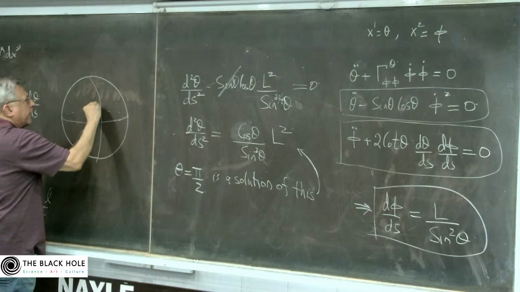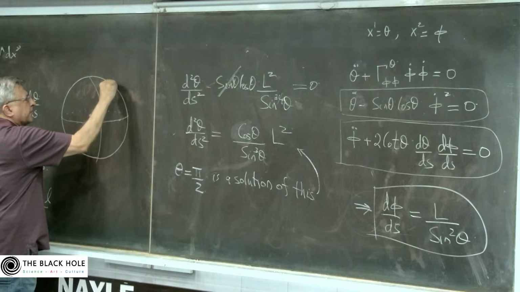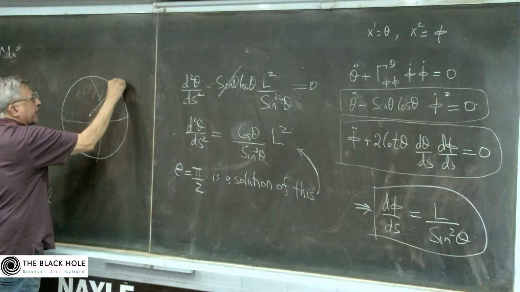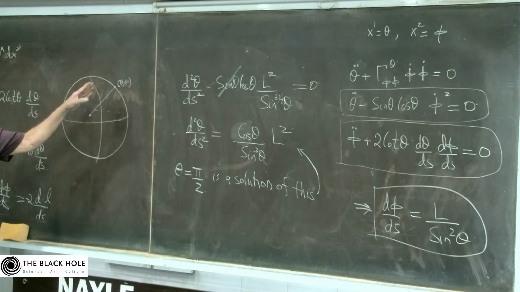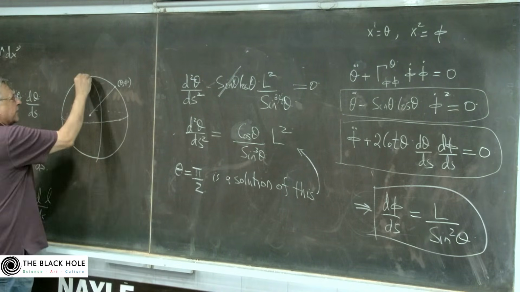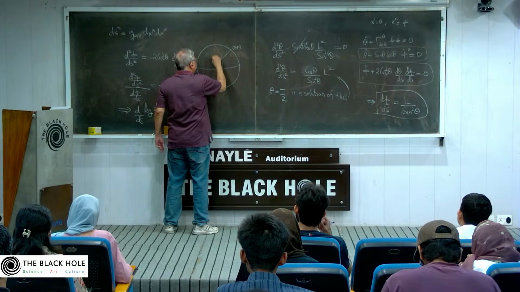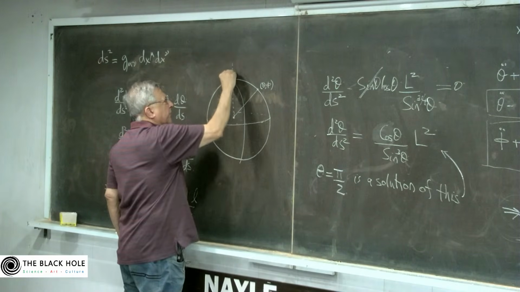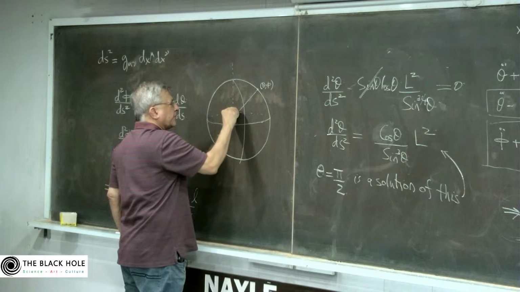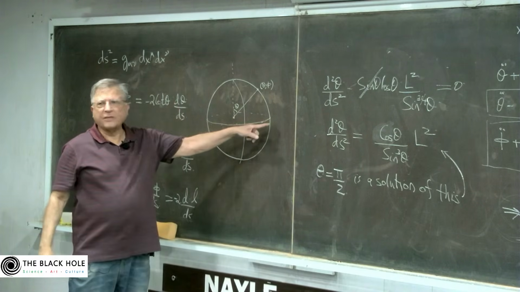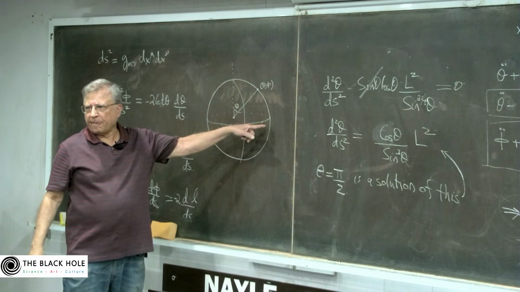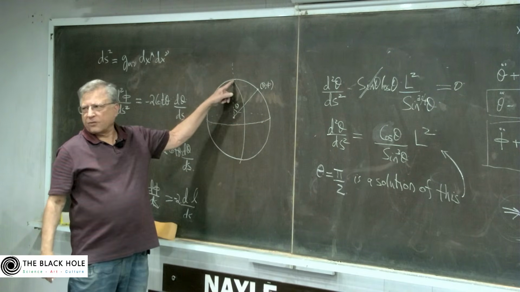There's a point on the sphere. Its coordinates are theta and phi. We're taking a fixed radius, so that's fine. And this theta is measured with respect to this axis. Theta equals pi by 2 means that we are on the equator. Theta equals 0 means we are here.